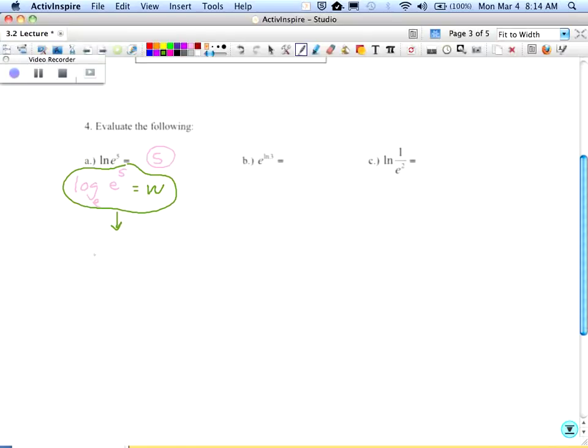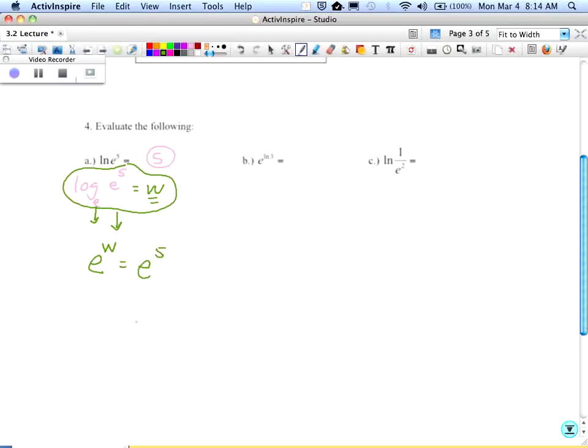Bases are always the same, so if it's log base e, base e, logarithms are always equal to the exponent, so what's your exponent? Log base e, so I take this base e and I write it here. Logarithms are always equal to the exponent, so w is my exponent. The only thing left is to write e to the 5th power.